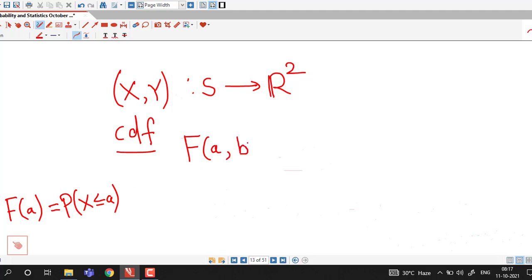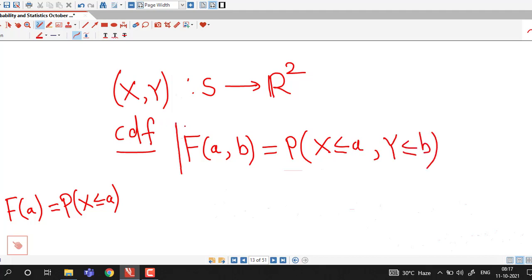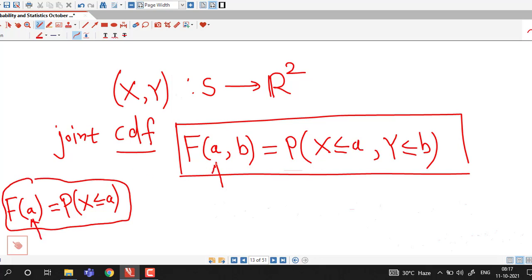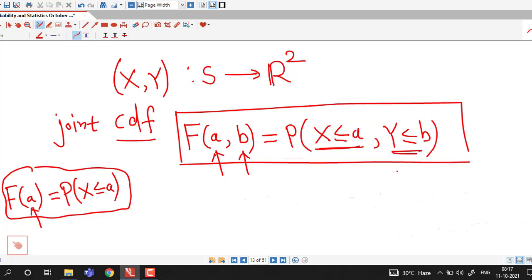Here we have a two-dimensional random variable, so we will consider the probability of the event X is less than or equal to a and Y is less than or equal to b. So this is the definition of the cumulative distribution function or joint CDF of a two-dimensional random variable. It is simply a generalization of this definition. Instead of one variable, here we have two variables.